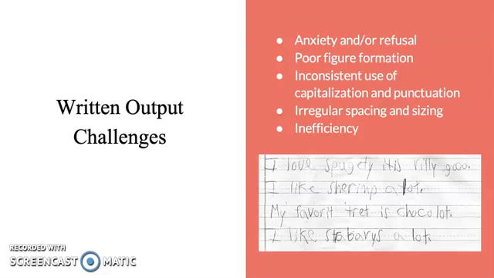Things that I've observed in people with written output challenges are using a mixture that's atypical of upper and lowercase letters. So they may put a capital letter in the middle of a word, or they may never use uppercase letters.